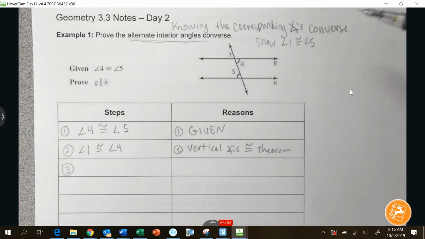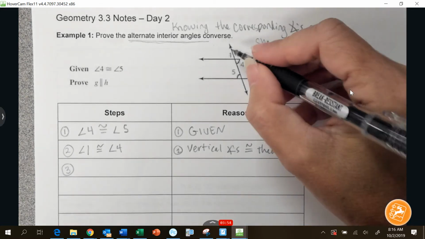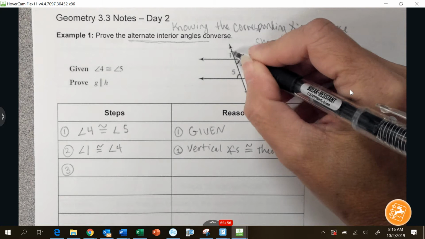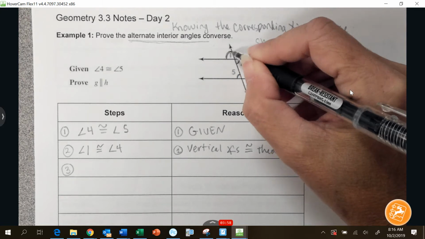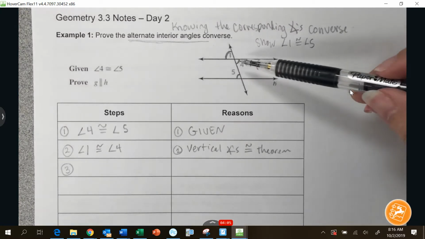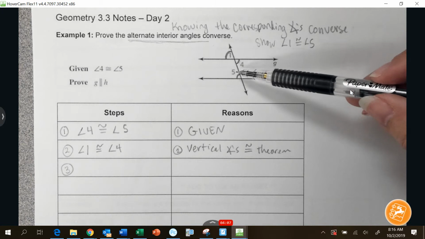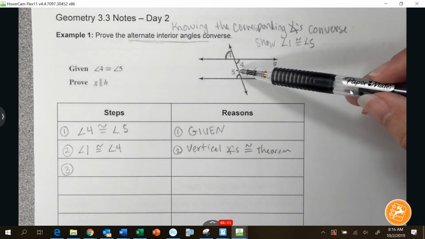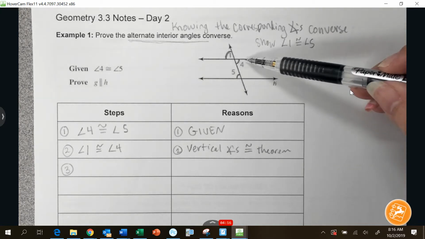Again, we're trying to show that angle 1 is congruent to angle 5. So now when I know that 1 and 4 are congruent, I'm going to mark number 1 with that same congruent mark. Can I show that now? Why? They're both congruent to angle 4.